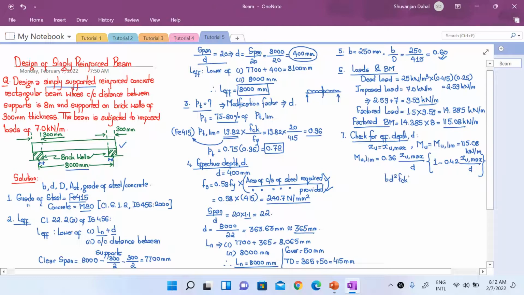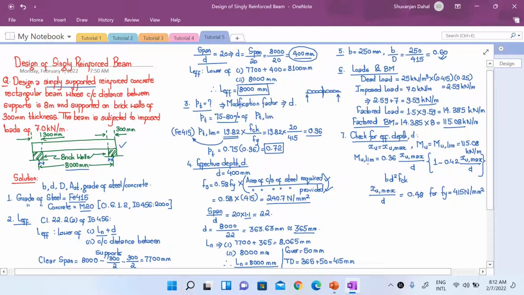Now in this equation we have the value of everything except xu max over d. So xu max over d, if you remember from our lecture classes, this value is 0.479 or 0.48 for fy equals 415 Newton per millimeter square.